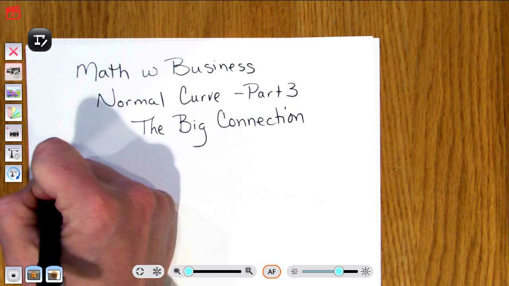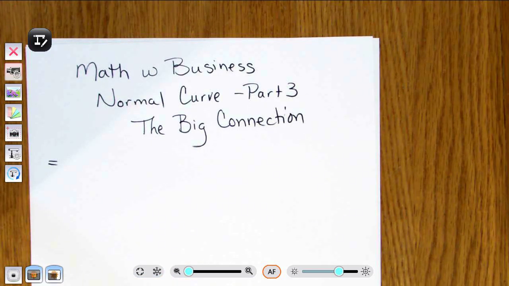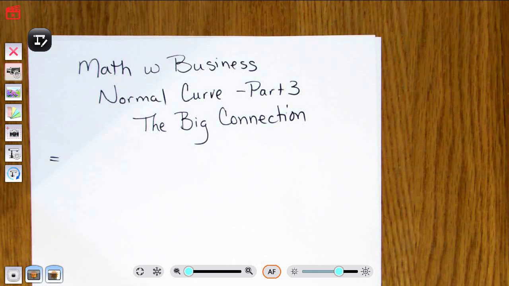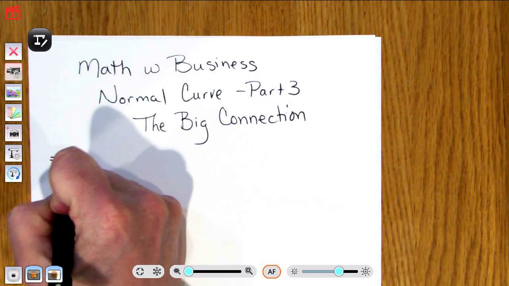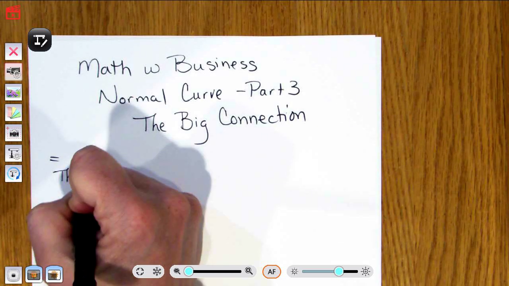So I'm going to remind us of one problem we were working on with our light bulbs, just so we can make the big connection between all of it.